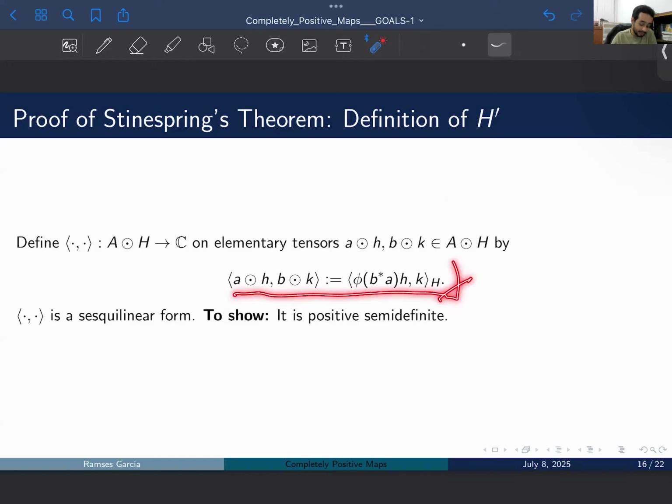Again, this resembles the GNS construction, and it is an easy exercise to show that this is a sesquilinear form. We want a Hilbert space, so this form should be positive, and that is what we are going to prove, that it is a positive semi-definite form.